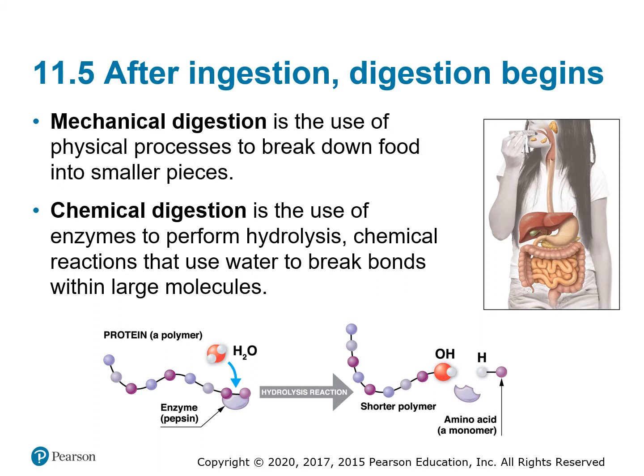So this drawing is showing a protein, right, which is a polymer. And with the help of water and enzymes, you can have this hydrolysis reaction where these monomers, in this case, because it's a protein, their amino acids are released. And that's what you see here.